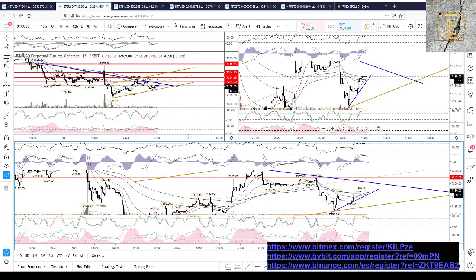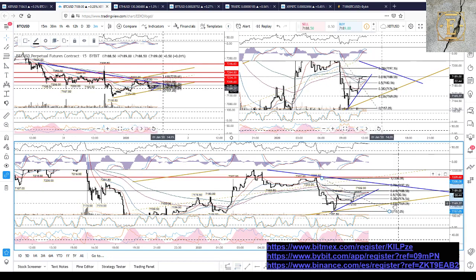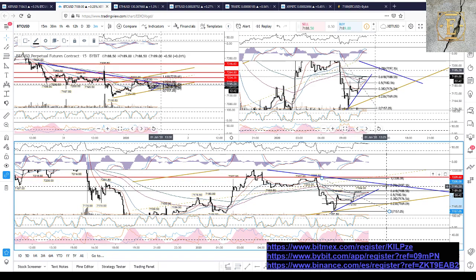Let's try to enter a trade on feeble level over here. This is 5, this is 6. Okay, so we've got the opportunity to try to enter here, here.